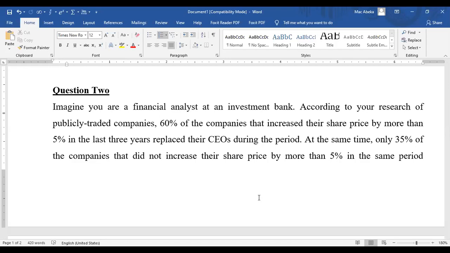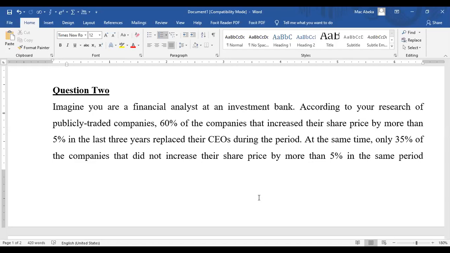So here, the question says that a firm that has increased its share price will replace their CEO.